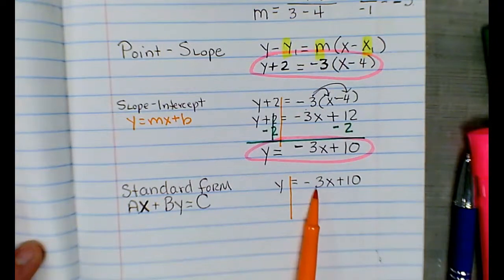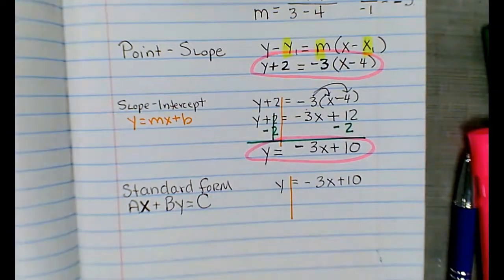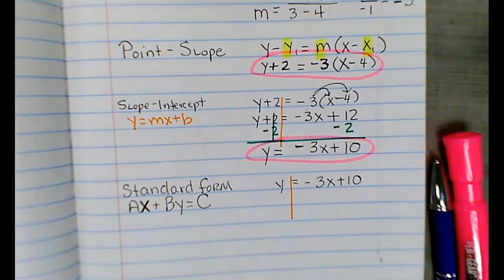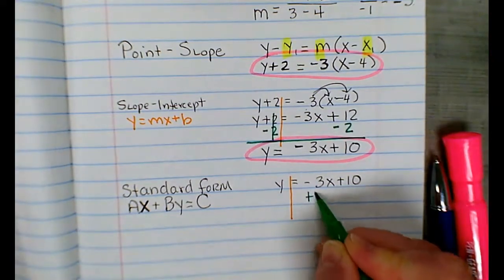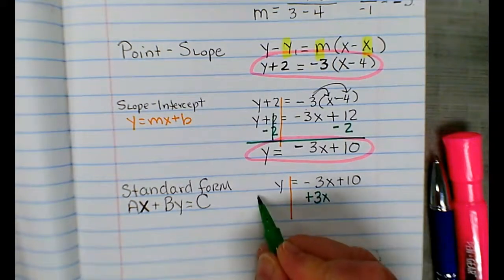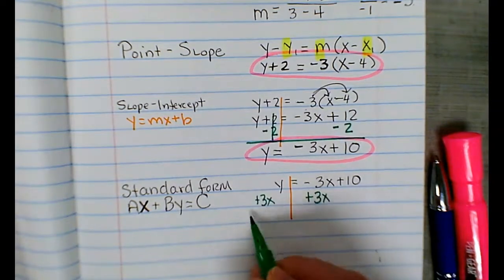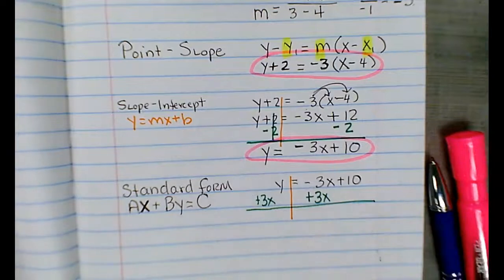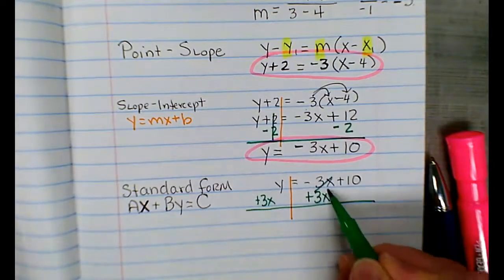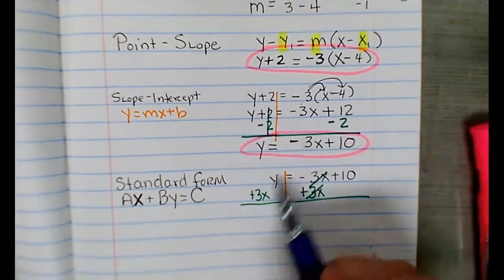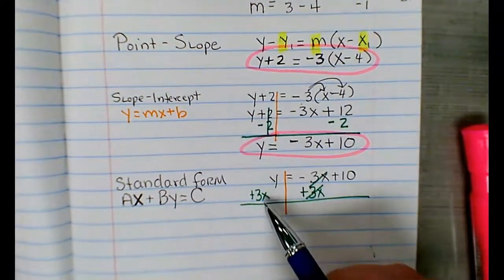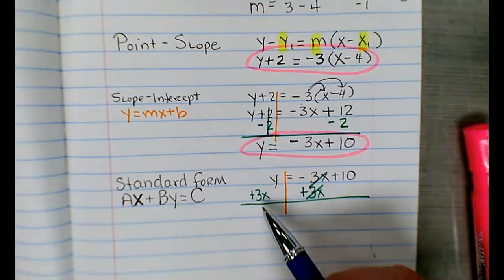How do I get this from this side to the other side? It's already minused. The opposite of subtract is add. We're going to add 3x to both sides. The reason we did that is to cancel it out on this side. Now, do we add those together and make 4xy?